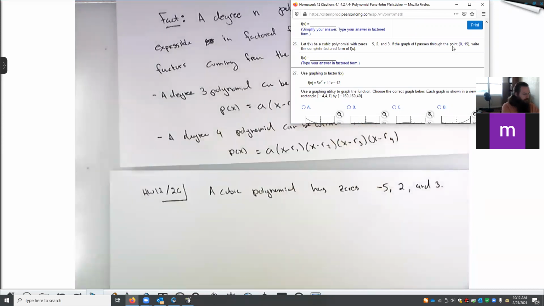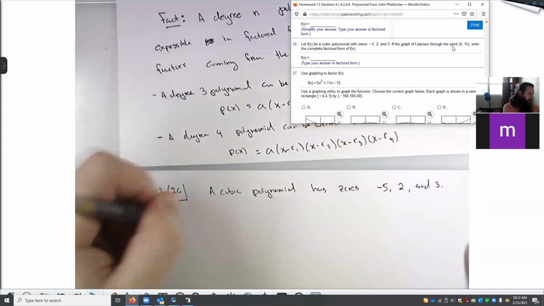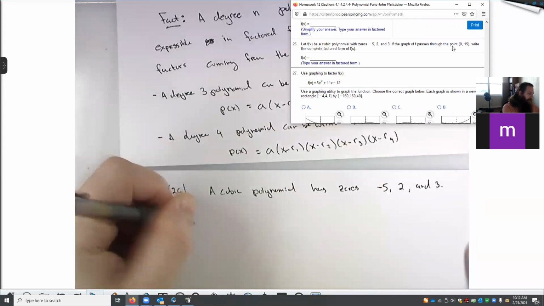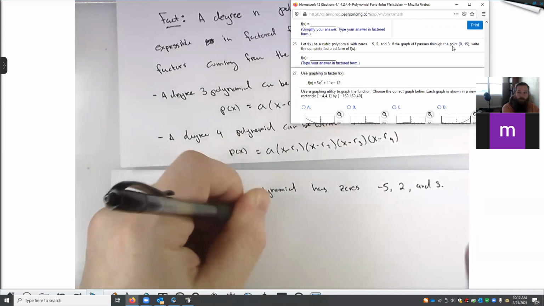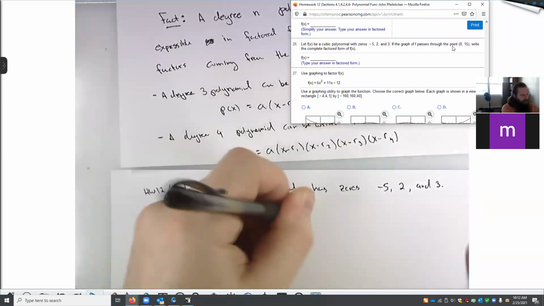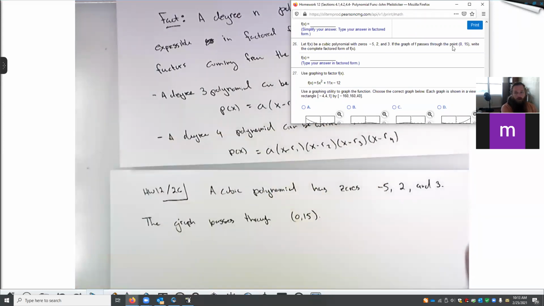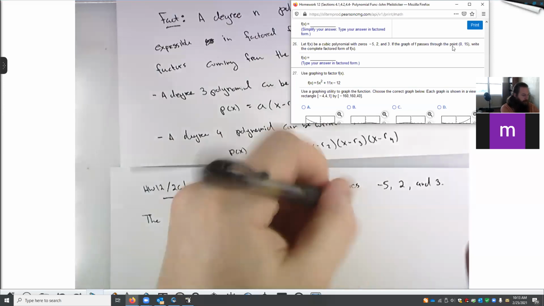And then they also tell us the graph passes through the point 0, 15. And we want to find the factored form.